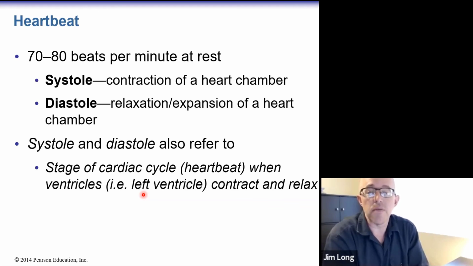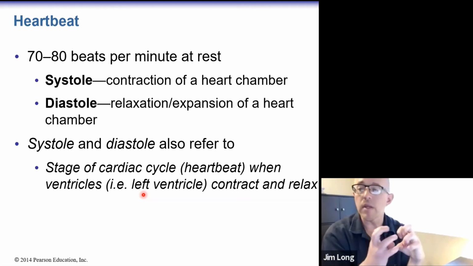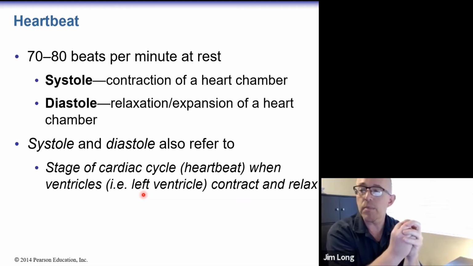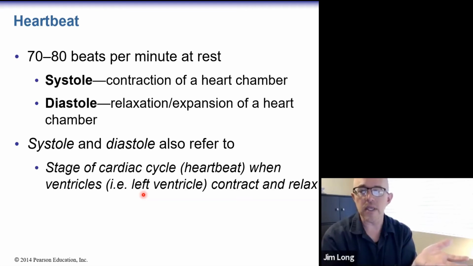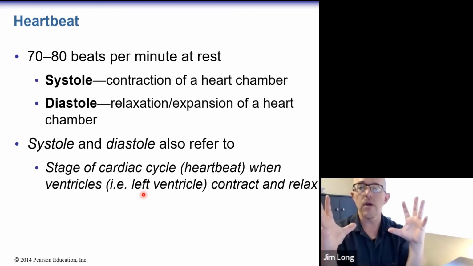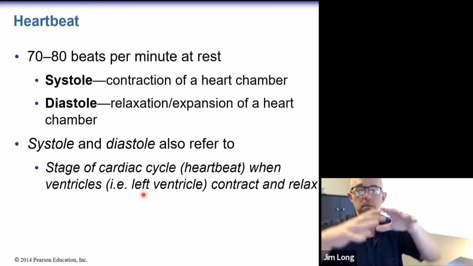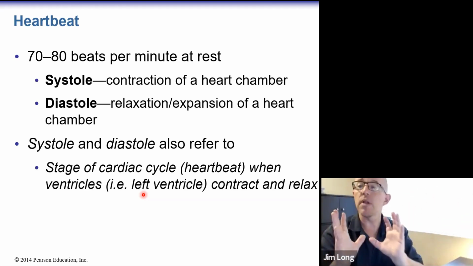Systole just refers to when a chamber of the heart is contracting, and the myocardium is generating tension and squeezing, pushing, pumping blood. Diastole is when a chamber of the heart is relaxed, and it's during diastole that the chamber can fill with blood because the relaxed muscle makes a bigger space that more blood can flow into.